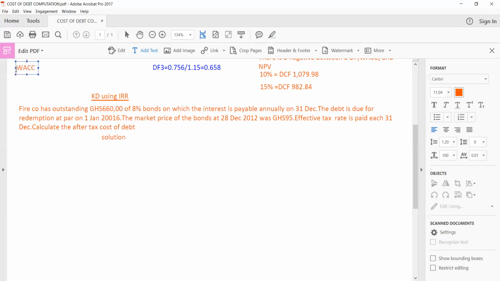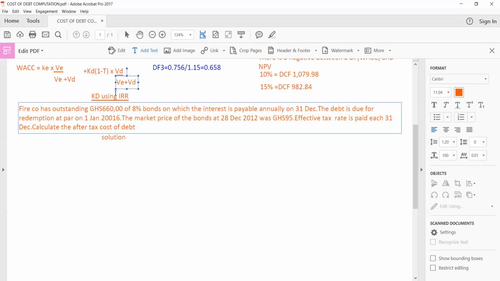WACC is equal to KE times VE divided by VE plus VD, that's the value of equity plus the value of debt, plus KD times (1 minus T), because of Modigliani and Miller propositions, whatever we tend to pay on debt is tax deductible, times value of debt divided by the value of equity plus the value of debt. So this is a way of calculating the WACC.